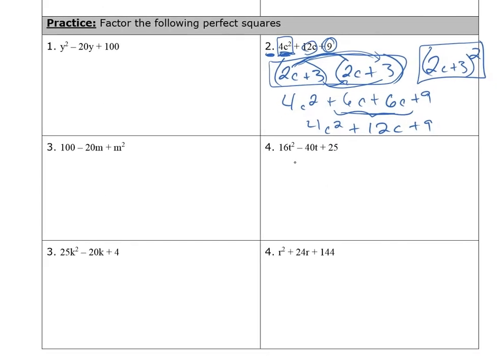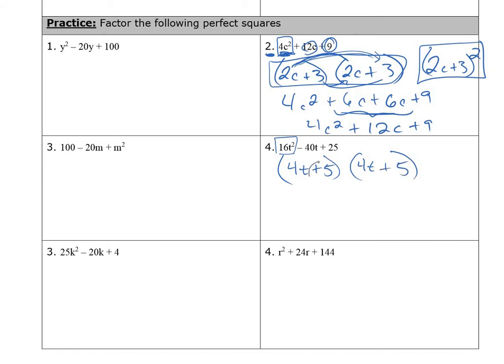So you don't have to use the slide, divide, slide rule on this to bring it over, because I'm telling you it's a perfect square. So you're going to think, what do I multiply times itself to get this? 4t and 4t. That would be the thing that you multiply times itself to get it. What do you multiply times itself to get 25? 5 and 5.